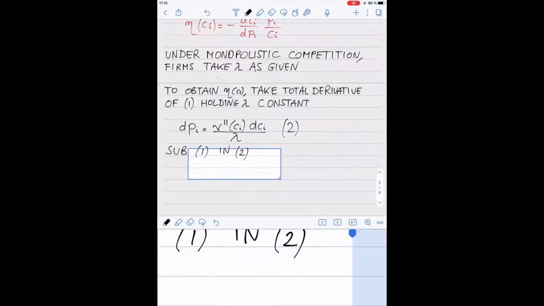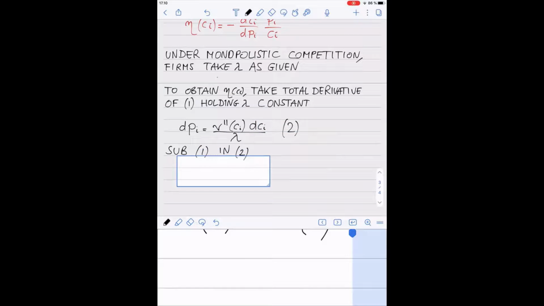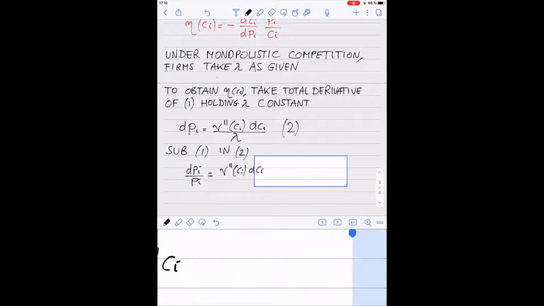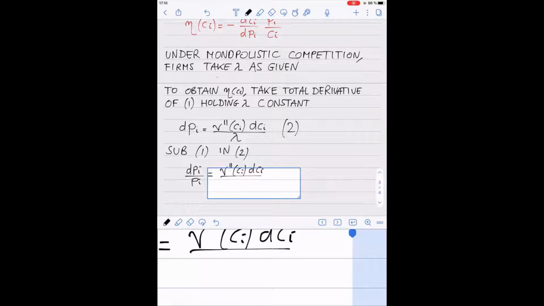Well, this gives us that dp_i divided by p_i equals v double prime of c_i times d c_i divided by v prime of c_i.